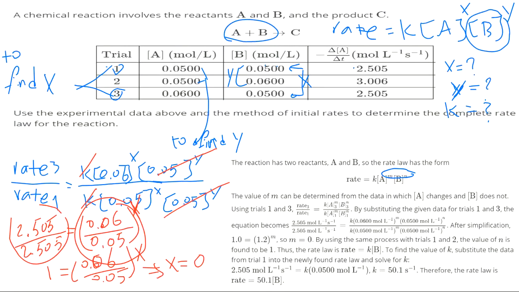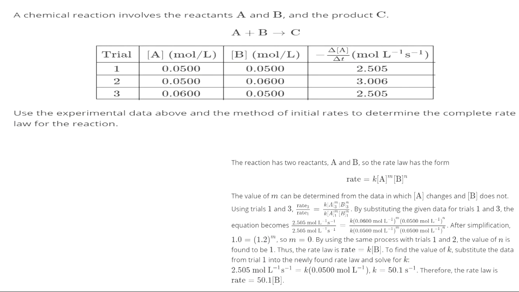And in order to find the value for y, the exponent for b, you are using experiments 1 and 2. So you are going to say rate 2 over rate 1.